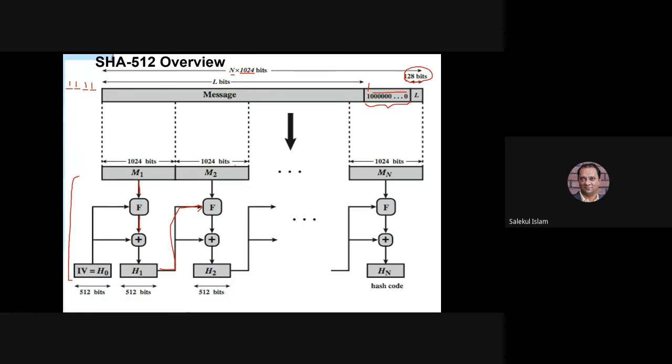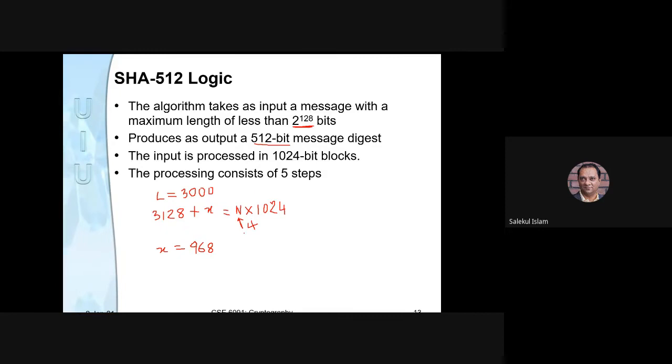So if, for example, my n is equal to 4, that means I have 4 blocks: M1, then up to M4.